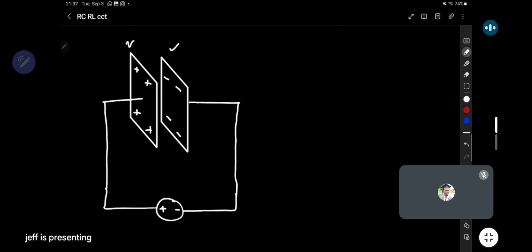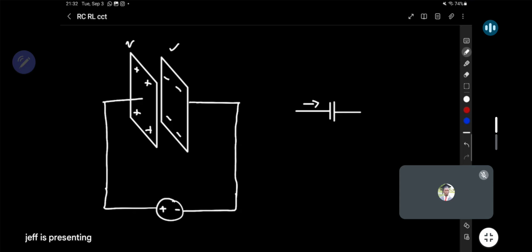In a circuit, a capacitor is represented by two parallel lines, a line on this side and a line on this side. This is the circuit symbol for a capacitor. For the one we have drawn here, we can say current is going this side, and then we have the capacitance of the capacitor.